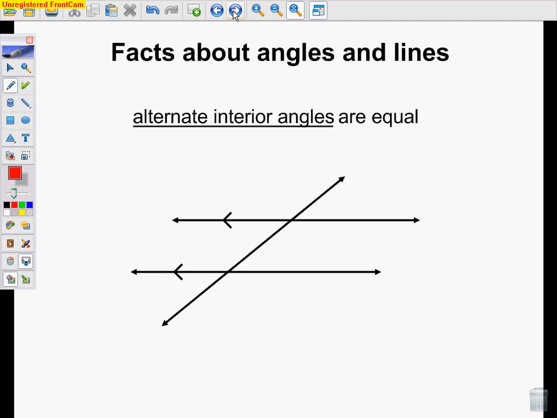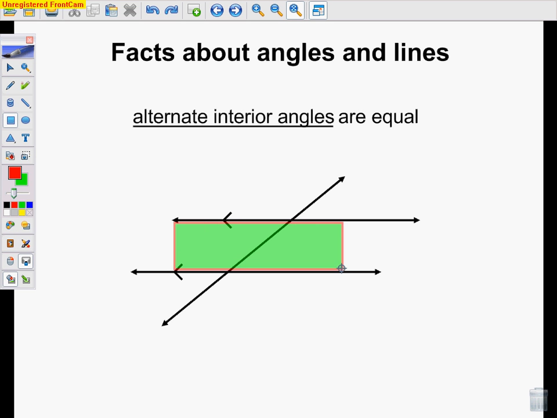Also, alternate interior angles are equal. Once again, you would know something is alternate interior if they're on opposite sides of the transversal. So one's on the left of it, and the other one's on the right of it. And it's on the interior of your two parallel lines. Okay, the interior of the two parallel lines would be in this region here.